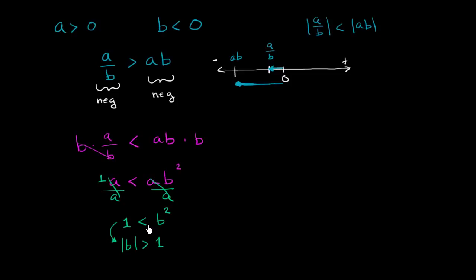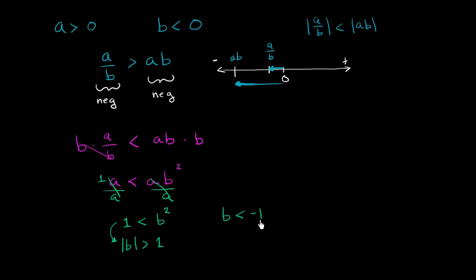If I square something and it's greater than 1, that means that either b is less than -1, because if it was negative 1, if you squared it, you would get 1. If it was greater than negative 1, if it was negative 0.99, then when you square it, it would be something less than 1. So that doesn't work.